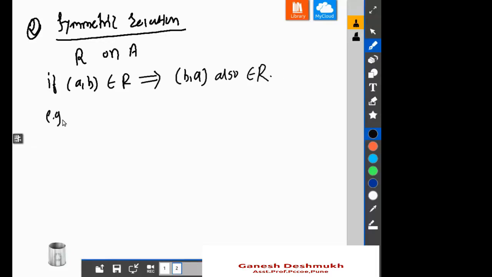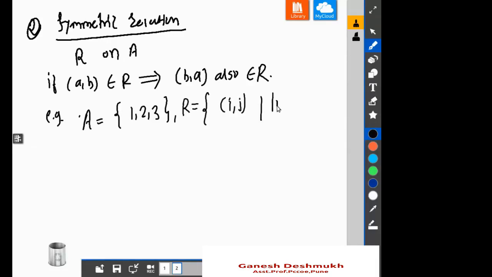For example, if you have a set as {1, 2, 3} and relation R which is defined as pair (I, J), where mod of I minus J is equal to 2, means difference of elements should be equal to 2.